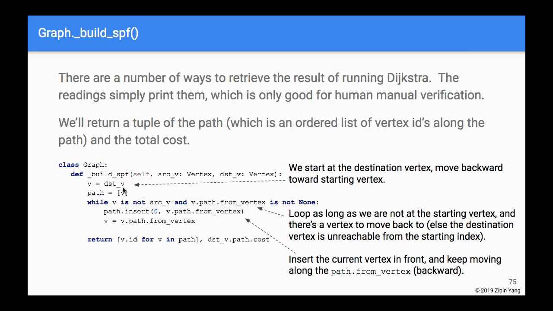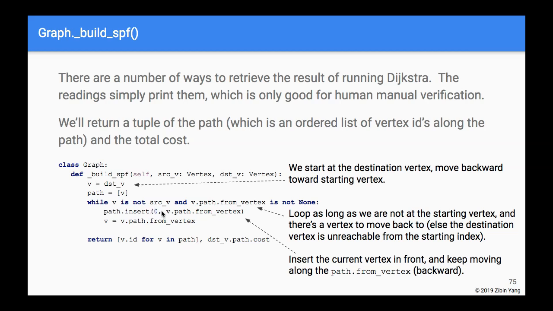We put the destination in a path, and then as long as we haven't got to the source, and as long as there is a from vertex that we can move backward towards, we'll insert the from vertex into the path.